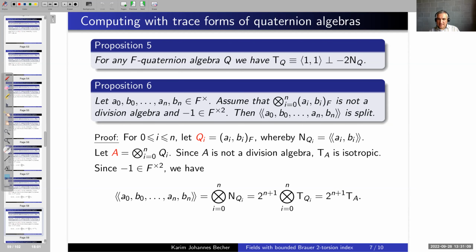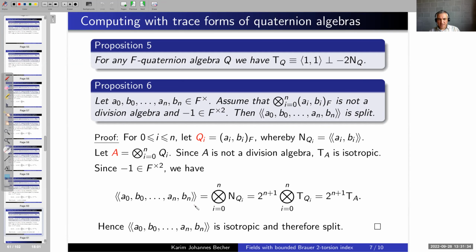But I said that this is isotropic because this is not a division algebra. So, but it's a Pfister form, therefore it must be hyperbolic. So this is a simple argument to see this relation: if the tensor product of quaternion algebras is not a division algebra, then this Pfister form is split.